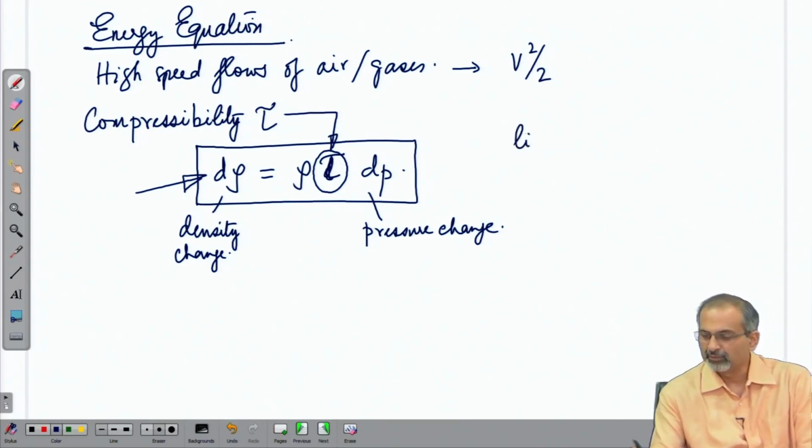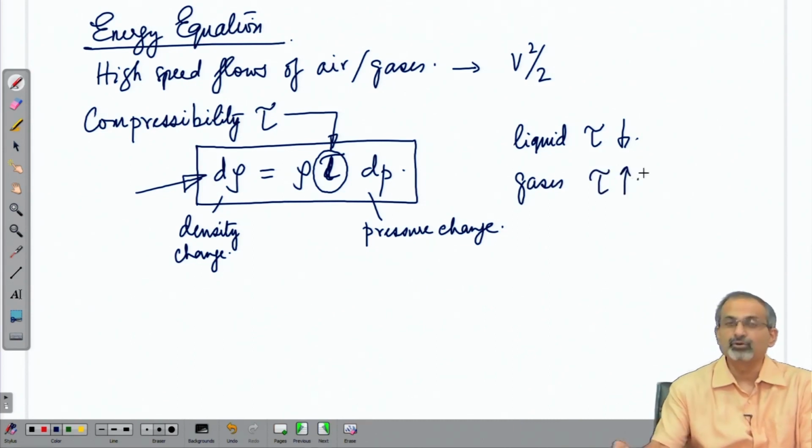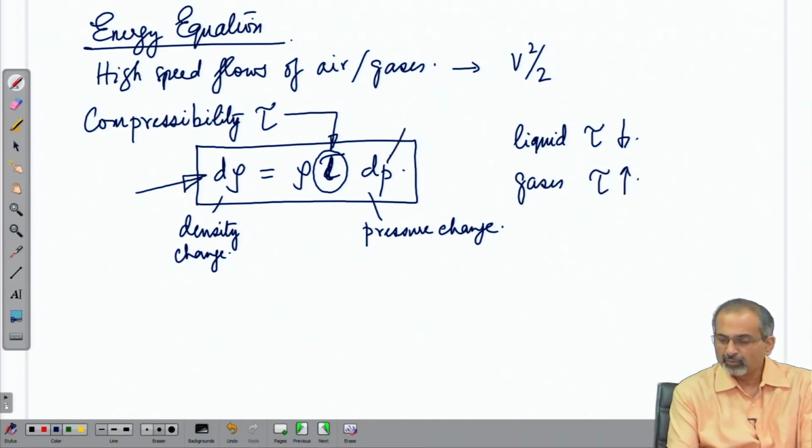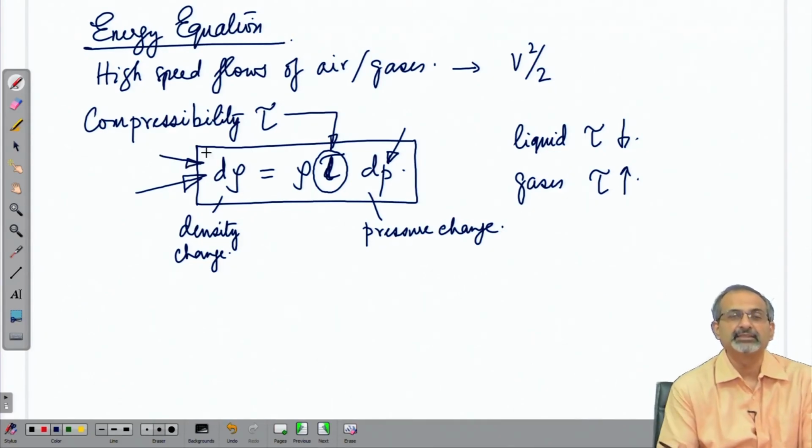Now, liquids have very small taus, while gases have large values of tau, and therefore, even for moderate changes in pressure, a fairly large value of tau would produce significant changes in density.